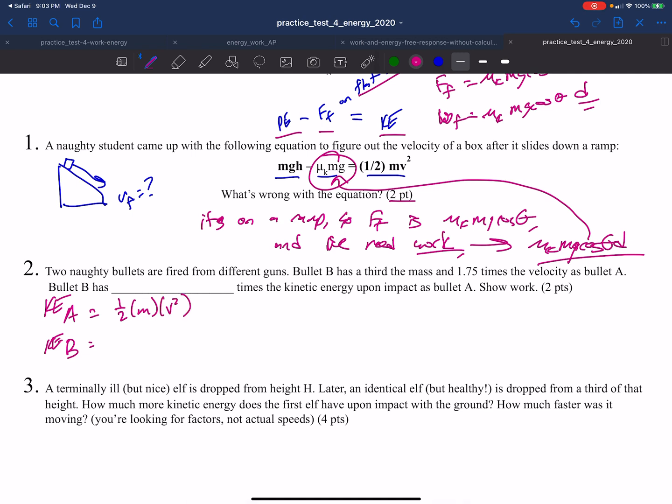However, bullet B is the one that's being adjusted here. It's got 1/3 of the mass, and it's got 1.75 times the v. And so this whole thing is squared. Important: it's not just v squared, the 1.75 is also squared.